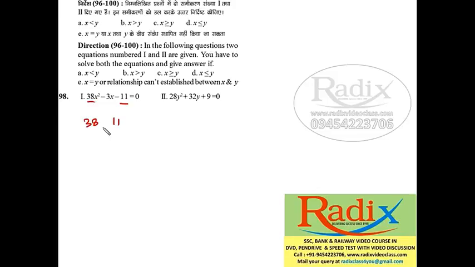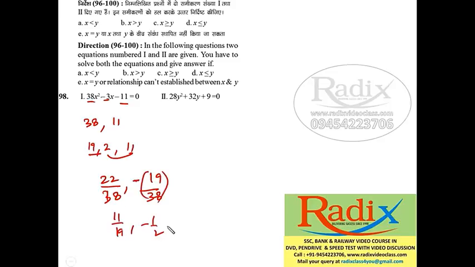Okay, next question. 38 and 11, factor these whose difference is 3, this is 19 into 2 and 11, 22 and 19, and because we have minus, so in this case, we'll divide this by 38, and if both minus, we take the negative value with the smaller value, so this is 11/19 and -1/2. We write it as -1/2 and 11/19.